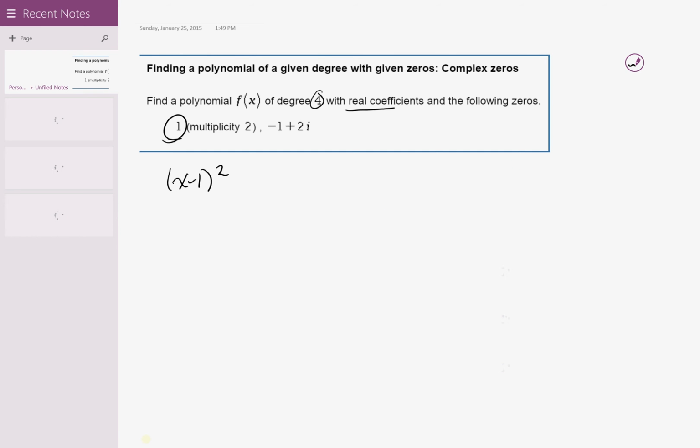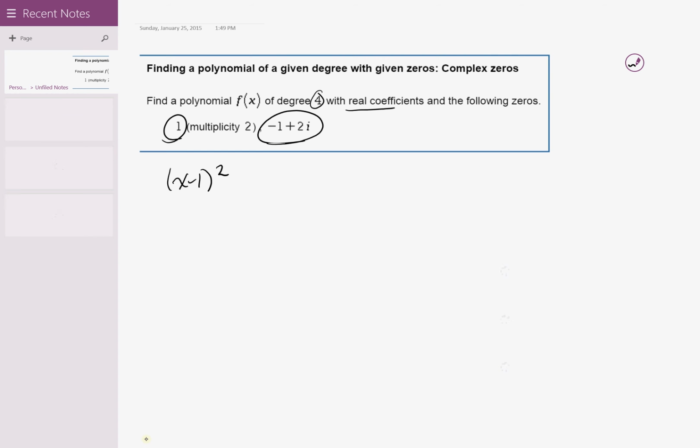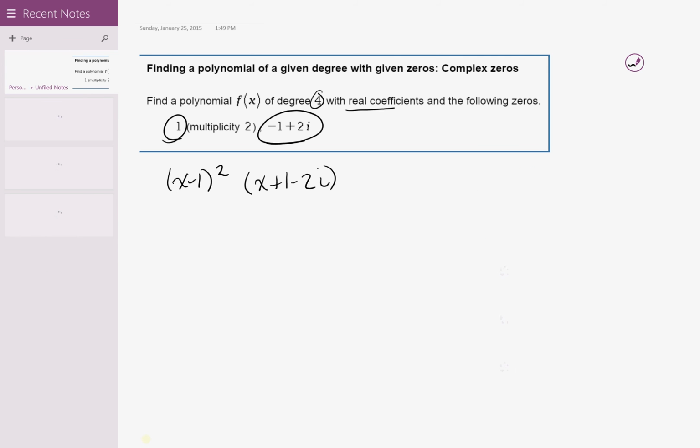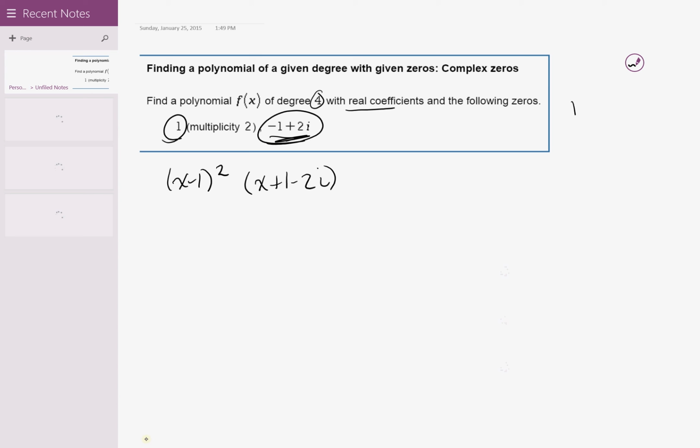And then I am told that negative 1 plus 2i is a 0. So that means x plus 1 minus 2i is a factor. Right? X minus c. This is c. And here's the rule we need to know.